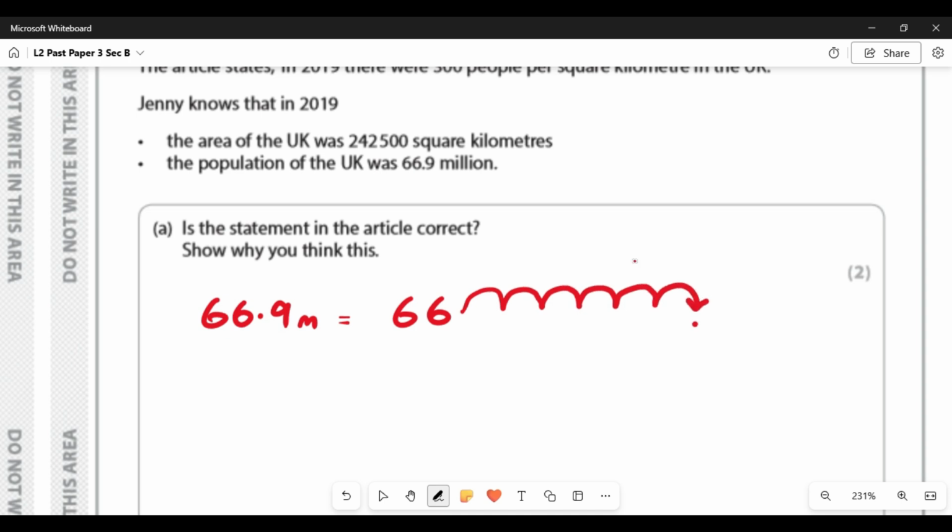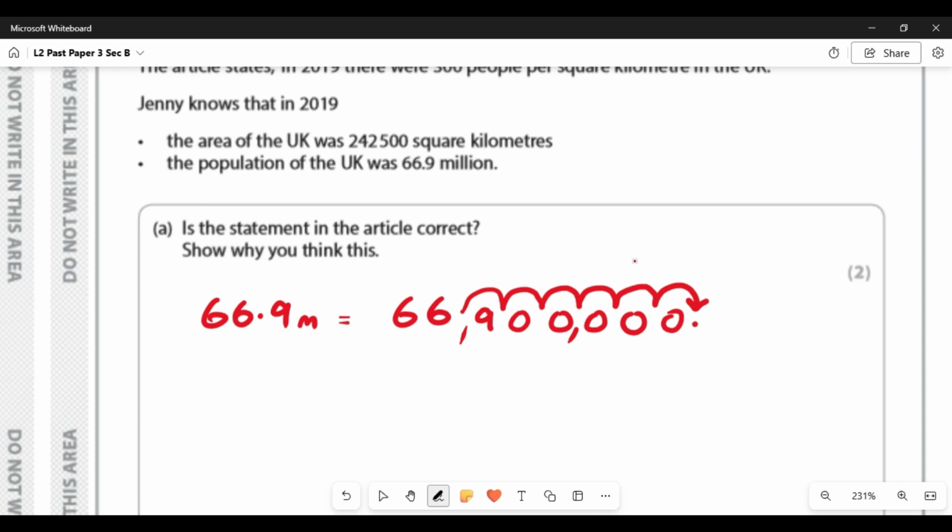Remember there was a 9 here as well initially. So that's a 0 there, that's a 0, 0, 0, and another 0. So how do we say that number? Literally 66,900,000. Yeah, so that's how we say that number.